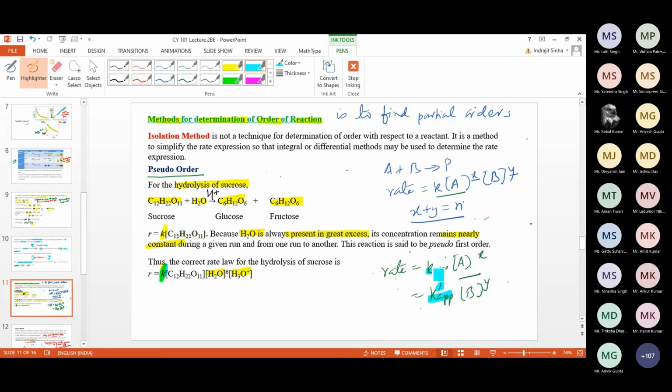And this is K app only, because when you are doing a pseudo order kind of situation, you want to do this isolation method. You always take one reactant in great excess and the other reactant in normal concentration.